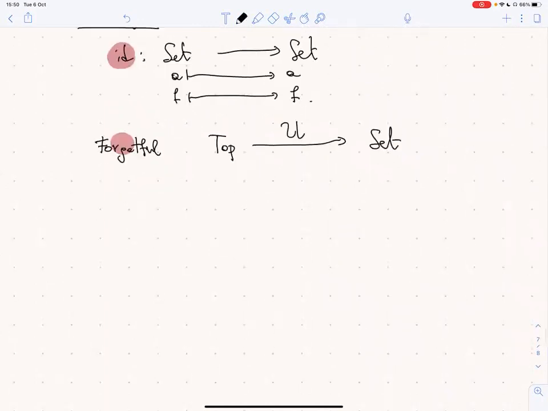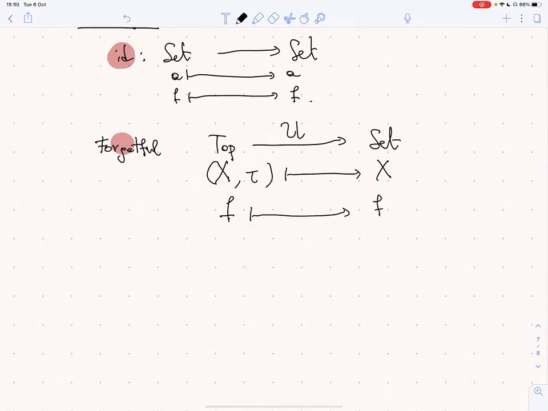It sends a topological space, or to be more precise, a topological space (X, tau), where X is the set and tau is the topology, to the underlying set X, and a continuous function I send to itself. So it's the functor that just forgets that we were talking about topological spaces and just takes the underlying set.